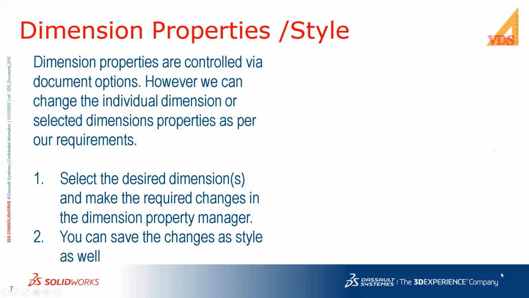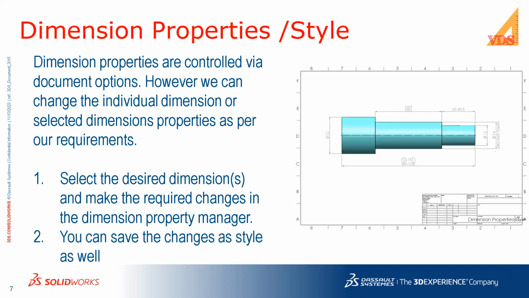SolidWorks also gives you an option that if you are making a change or a series of changes to dimension style, and you want to use it for your next drawings, or in the same drawing on different dimensions, then without having to redo all the steps, you can save the style of that particular dimension, and you can simply apply it to the next dimension.